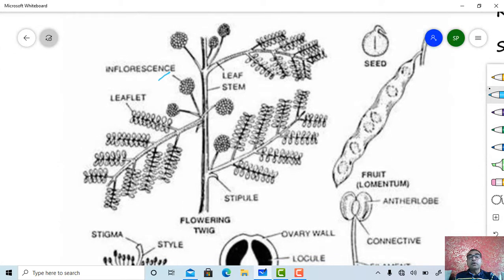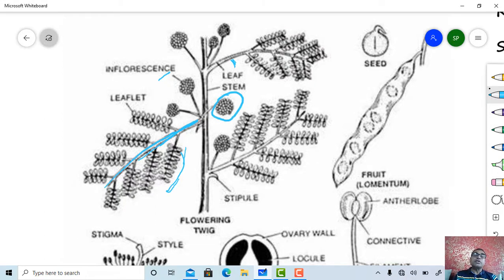These are the unipinnately compound type of leaves, unipinnately paripinnate type of leaf. Then this one is considered as a leaf. This one becomes bipinnately compound. If you consider this totally as one leaf, then it will become bipinnately compound.